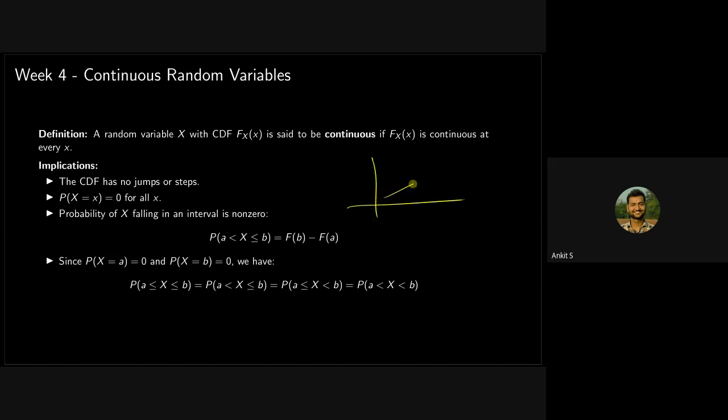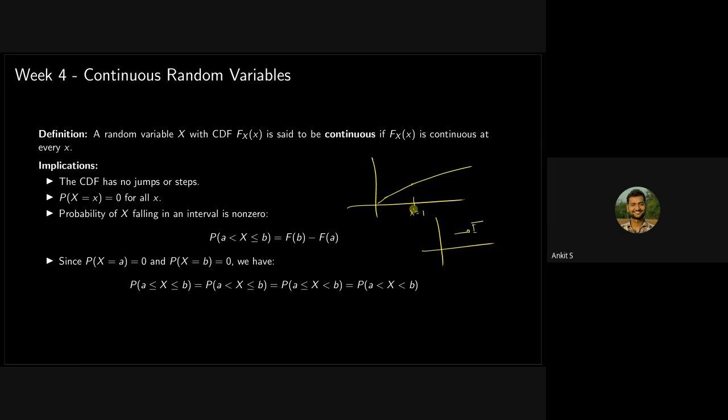And how do we define the probability? By the amount of jump. So if there is some jump here, then it represents the probability. But do you see any kind of a jump at any point? X equals 1? No, right? There is no jump.